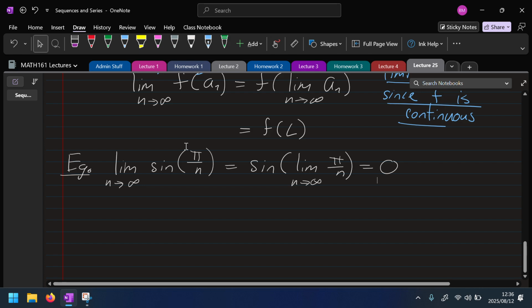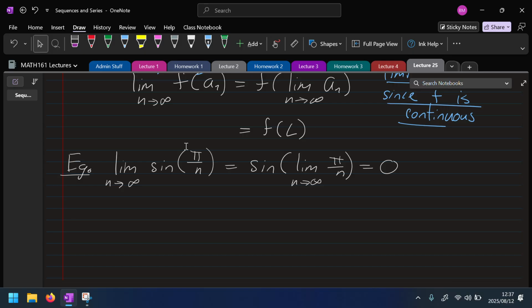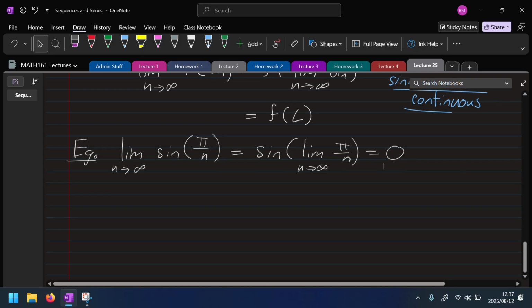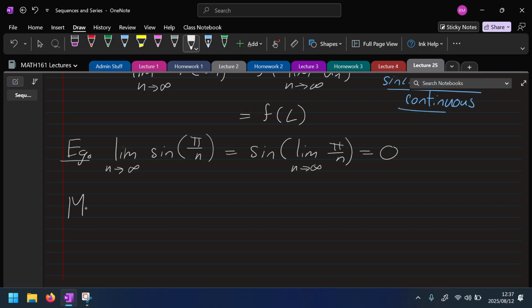Okay, now for the new stuff. We're going to be looking at the monotone convergence theorem, with the proof and the applications. So that's the new stuff for this year.